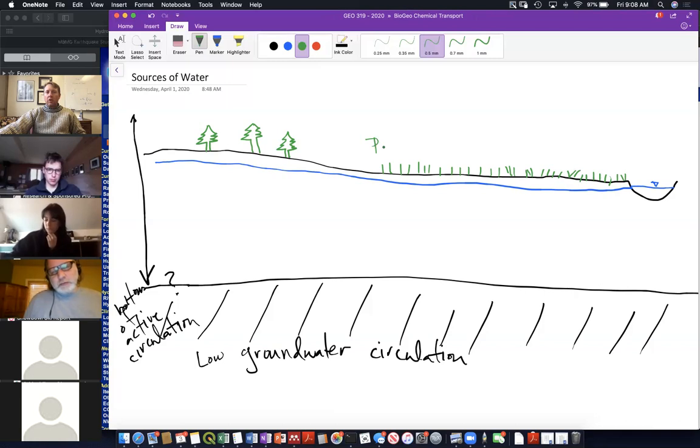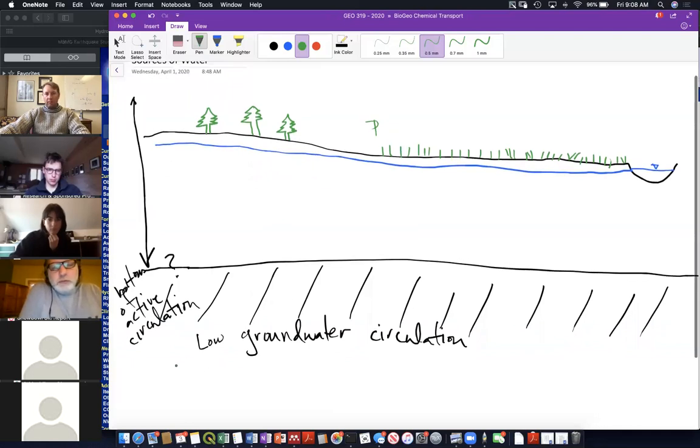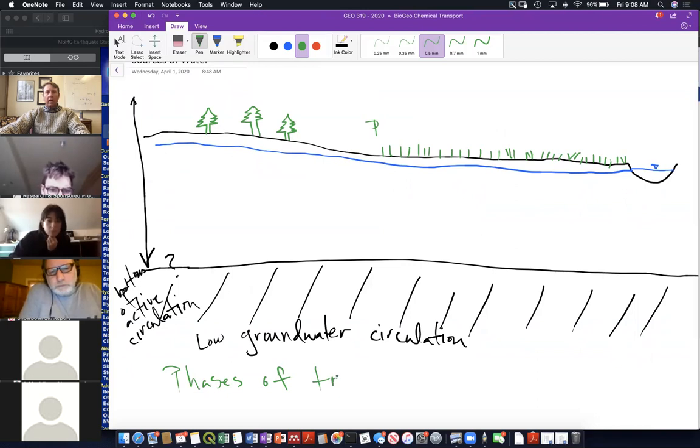Okay, so one of the things that we might think of is the phases of transport, right? How about phases involved in transport?